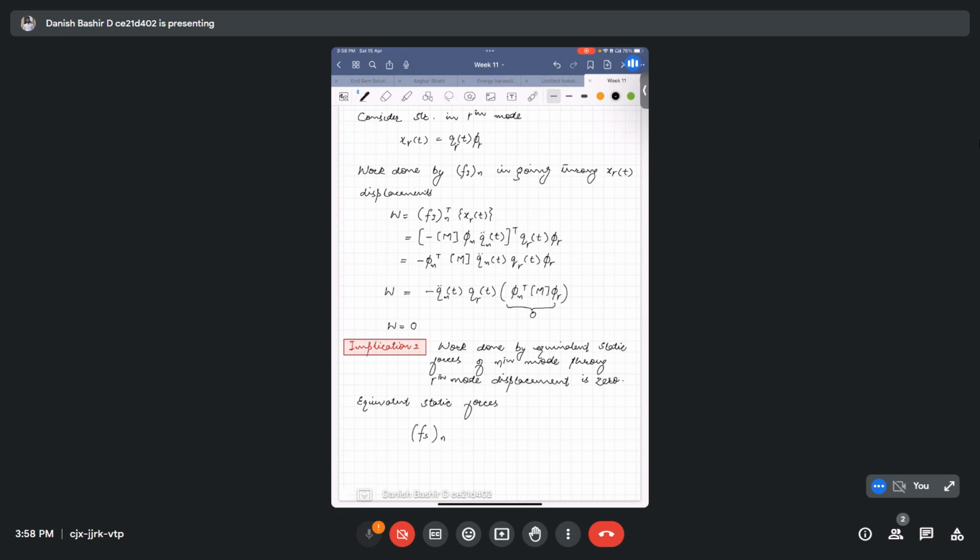The static force is actually the restoring force, that is the stiffness matrix K times displacement x_n(t). So x_n(t) we have to replace by K q_n(t) phi_n.